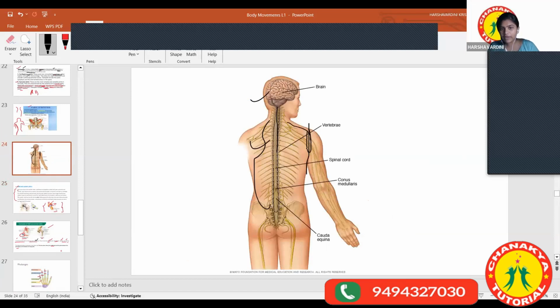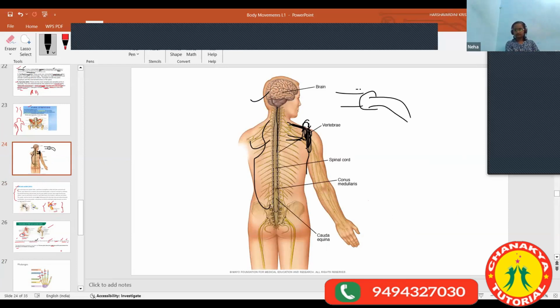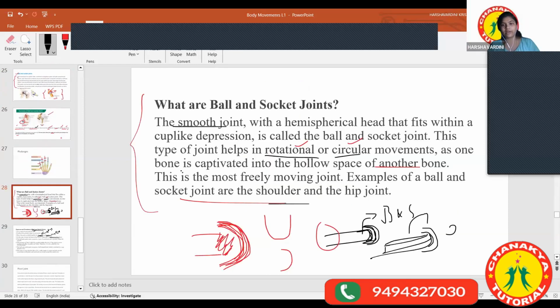It's a backside part, so the front side is not visible. Here you will have the ball and socket. Some bones and muscles join here, and these bones act as a connector. Basically it comes like this, you have a shallow part and then your hand starts. It's a normal drawing, not a very exact drawing.